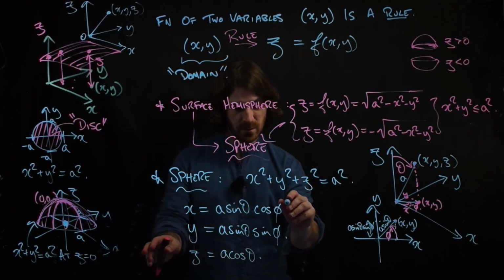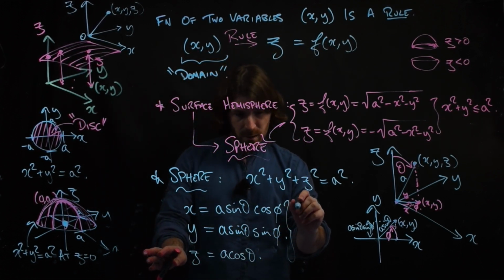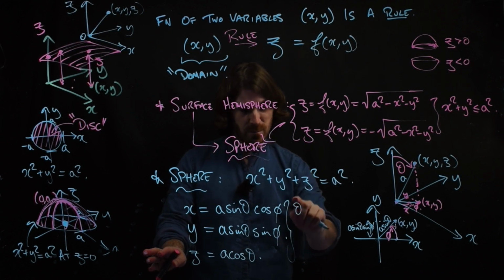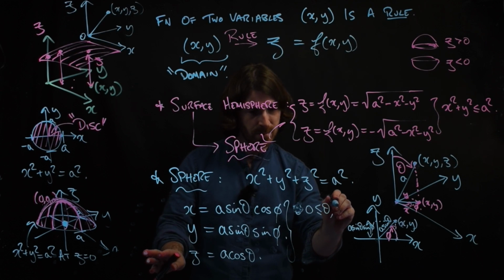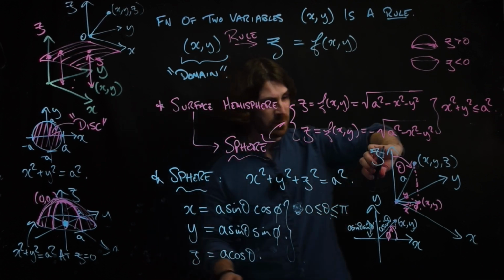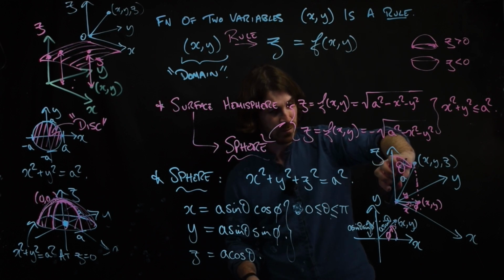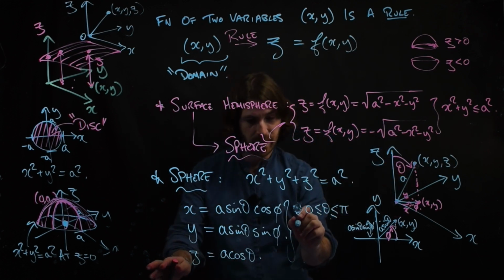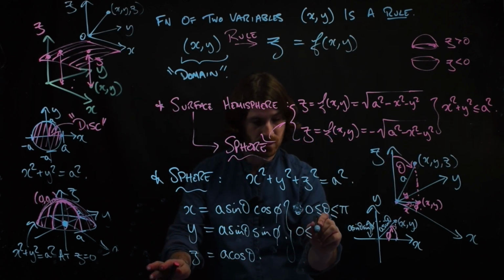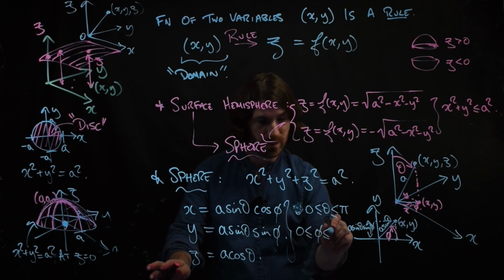The sphere is defined by theta going from 0 to pi, either pointing up or pointing down, and phi going from 0 all the way around to 2 pi.